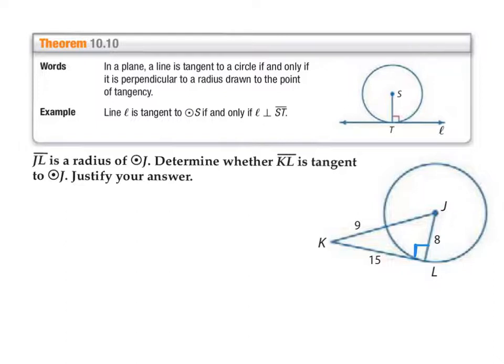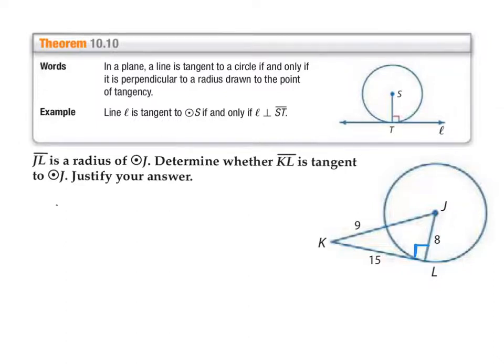Well, how could I figure out if it's perpendicular? Well, if it's a right triangle, then it would be perpendicular. How can I figure out if it's a right triangle? I could use the Pythagorean theorem, a squared plus b squared equals c squared. If that's true, then it's a right triangle.